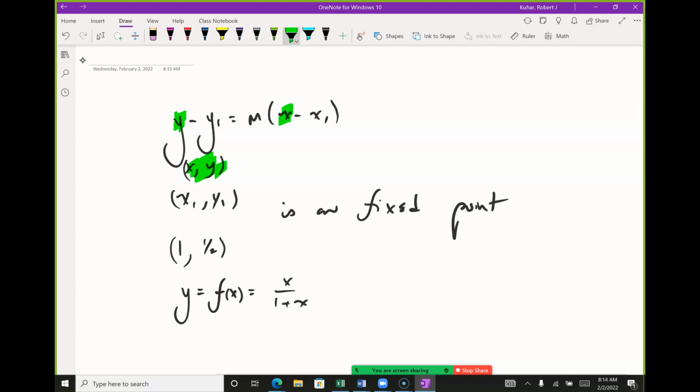Just got an idea there. By the way, it's the same xy as in y equals mx plus b. What is xy? Say it again.